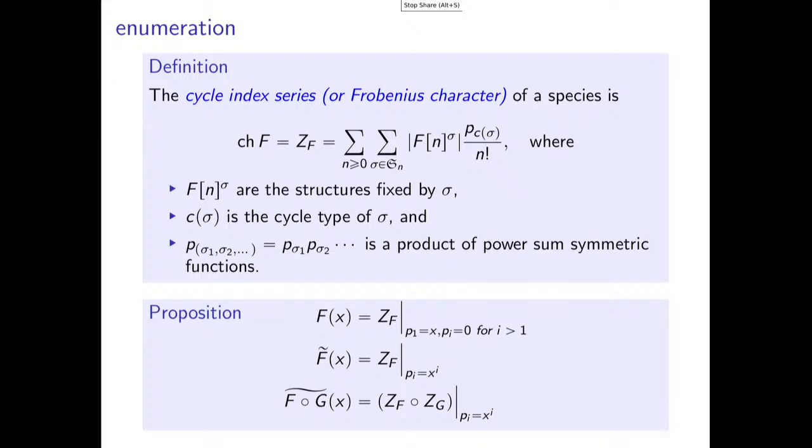So it's a complicated definition, and I don't expect you to memorize it here. The best way to find out is to do some representation theory, actually.